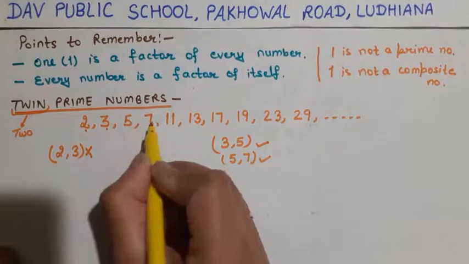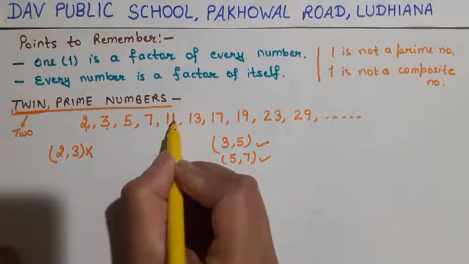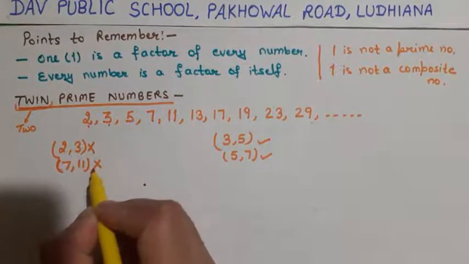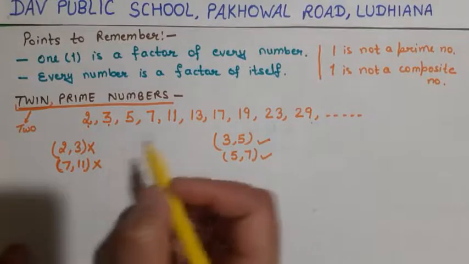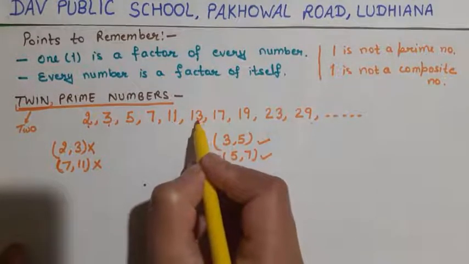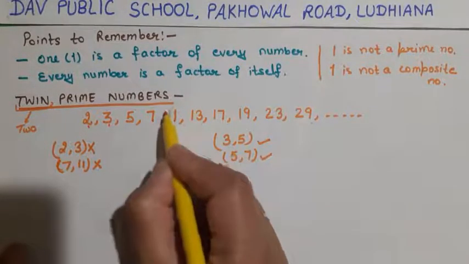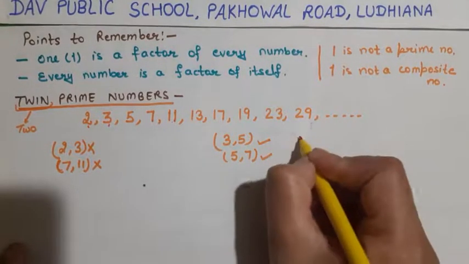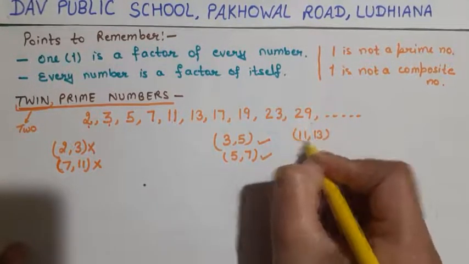Next, 7 and 11. The difference is 4. 7 and 11 are not twin prime numbers. Next is 11 and 13. Their difference is 2, right? 13 minus 11 is 2. So yes, 11 and 13 are twin prime numbers.